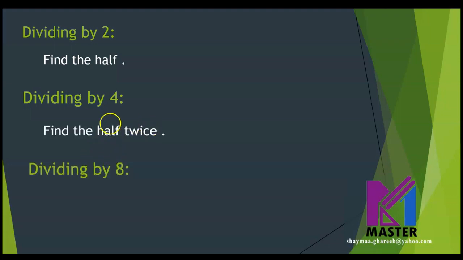Dividing by 8 means I'm going to divide by 2 3 times, which means find the half 3 times. Is this clear? So whenever we have any division sentence by 2, by 4, by 8, we can use the halving technique. In case of 2, find the half, 4, half, then half, 8, half, then half, then half.